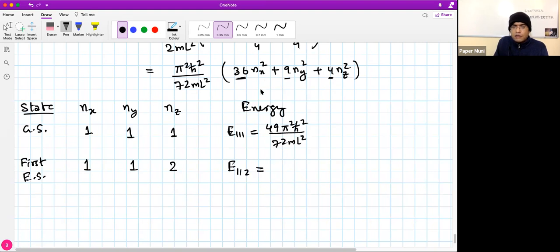If you add them up, this is 36 plus 9 plus 16, since 2 squared is 4, into 4 is 16. So what we have here is 61. The value is 61 pi square h cut square by 72 ml square. I'll just write down the answer directly, because it would become cluttered here.